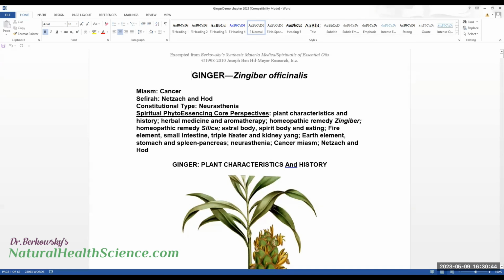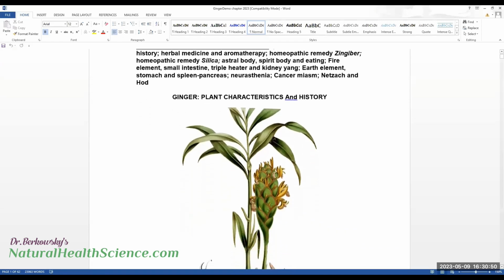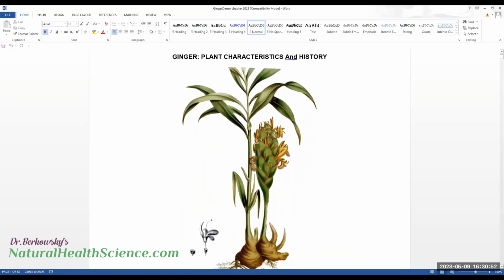One of the first things you look at in a chapter is the signatures, the plant signatures. And one of the first things we look at with a plant signature are the leaves. The leaves in this case have a blade look, similar to the blade on a spear.